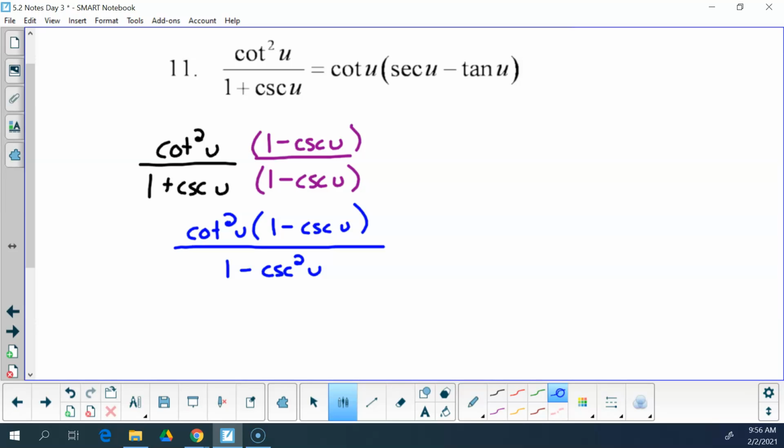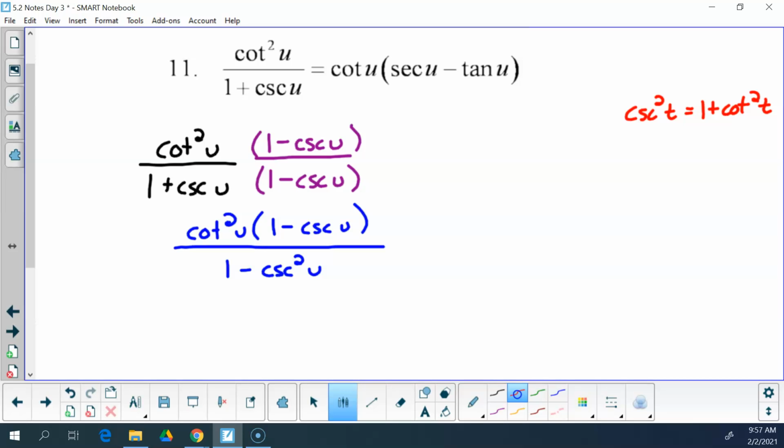Yeah. Okay. So if I go over here on the sideboard, right? That's number 11.